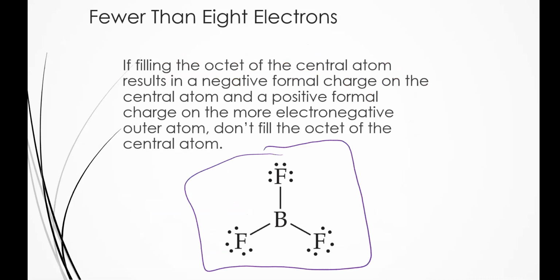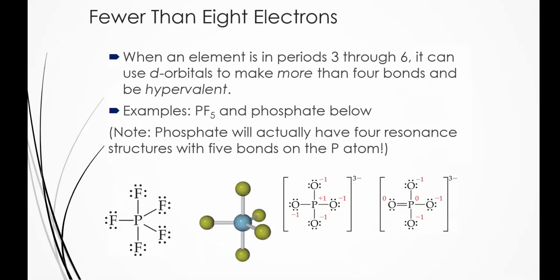So if filling the octet of the central atom results in a negative formal charge on the central atom and a positive one on the outer atom, then you don't have to fill the octet, only for beryllium, boron, and aluminum. We would rather have that incomplete one than have the charges flipped. Another example is to try to draw out your Lewis structure for AlH3.